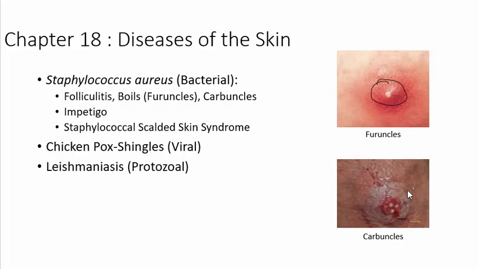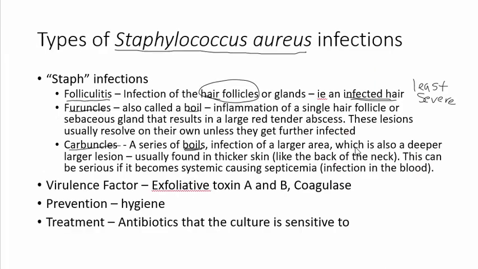And then the carbuncle, you can see it's a series of these. You can see there are 3 little pus-filled lesions fused to make one big giant one, and it's hard to tell how big that actually is from the scale of this picture. But that would essentially be the difference between the carbuncle and the furuncle.